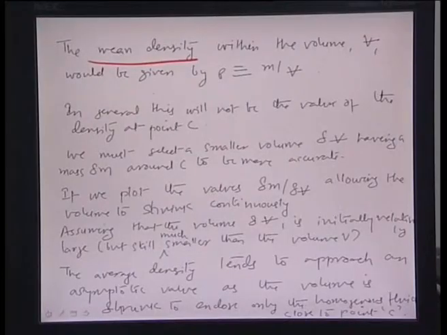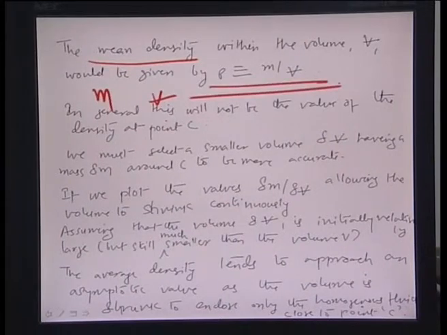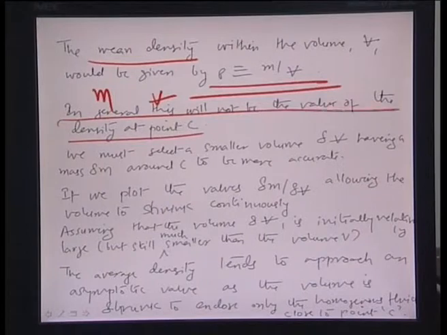So the mean density of this bigger volume V, where the mass is M, is given by mass per unit volume, and in general this will not be the value of the density at point C, though very close to C. If you are considering a point dimension at C, we have to select a smaller volume, delta V tilde, with a mass delta M. I just talked about it a minute back around C, and now we are plotting this, allowing the volume to shrink continuously.